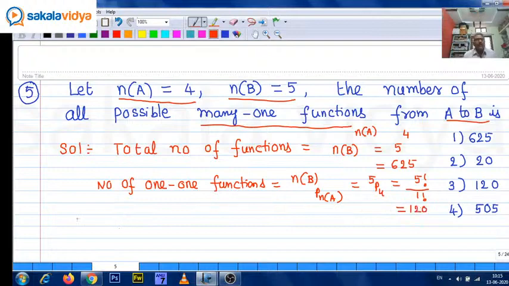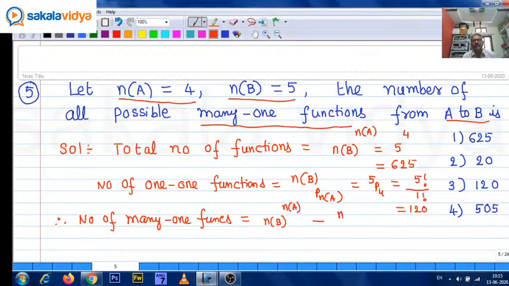Therefore the number of many to 1 functions equals n(B) raised to n(A) minus n(B) P n(A), whose value is 625 minus 120.